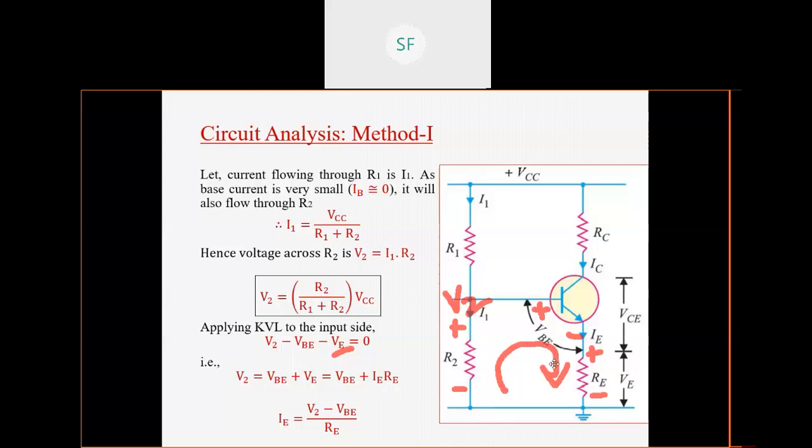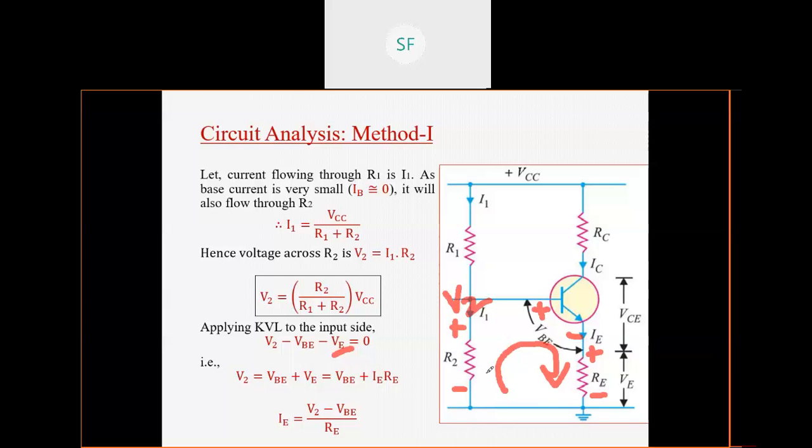And what we will observe is which polarity comes last, that is very important. We are moving like this, okay? We have applied KVL like this. So we are moving from minus to plus. Which polarity do you have to take? You will not take the minus, you will take the last one, okay?